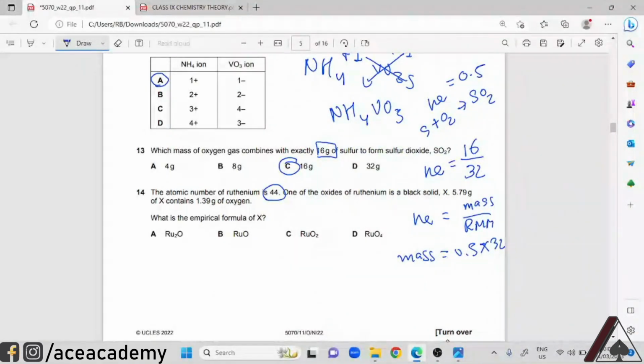So we know that for oxygen we have 1.39 grams, and for ruthenium we have 5.79 minus 1.39, which gives us 4.4.